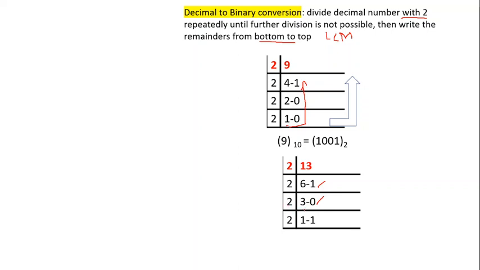How many times can you divide 3 by 2? 1 time. 1 2 is 2. Remainder 1. Then 1. So what is the result? You need to write from bottom to top, that is 1, 1, 0, 1. 1101. 13 base 10 equals 1101.